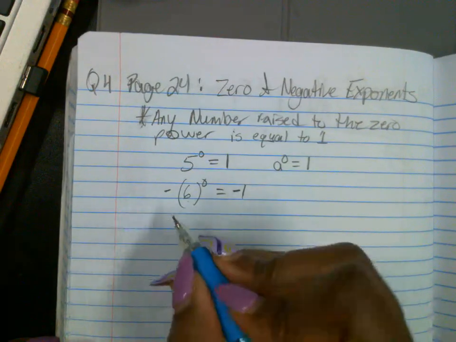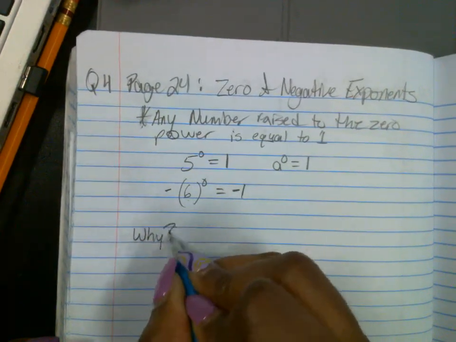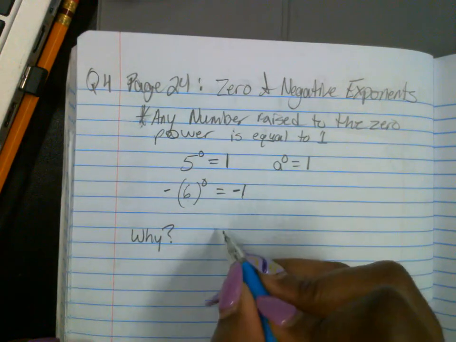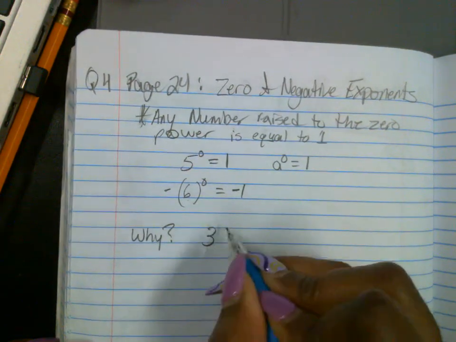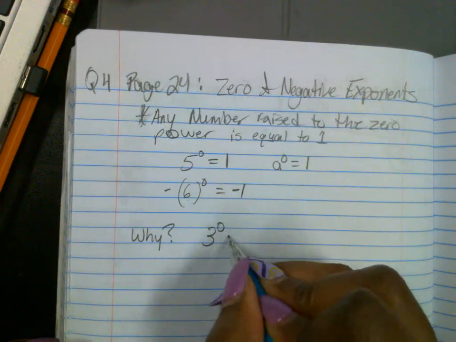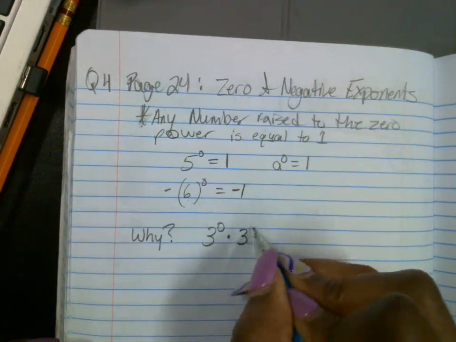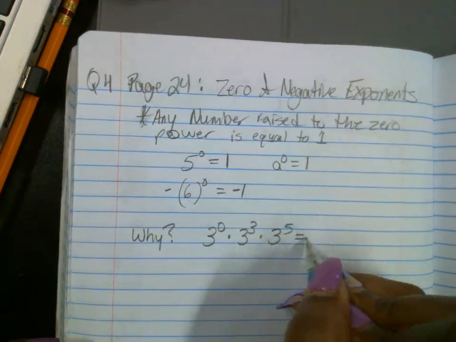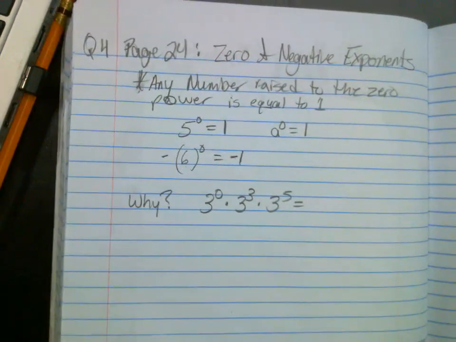All right, why does this work? So let's suppose that we have 3 to the 0 power times 3 to the 3rd power times 3 to the 5th power. Okay?